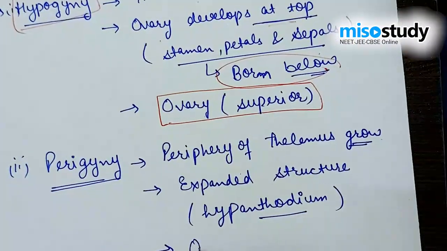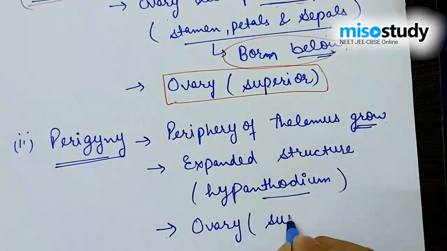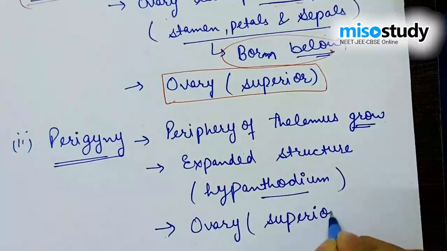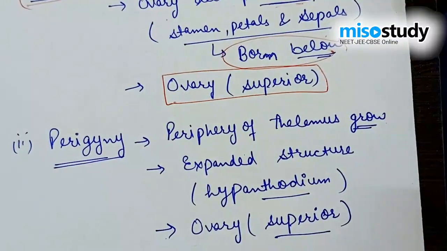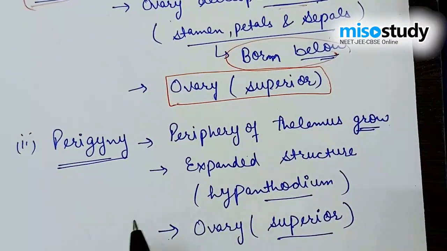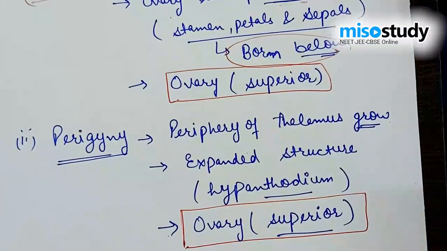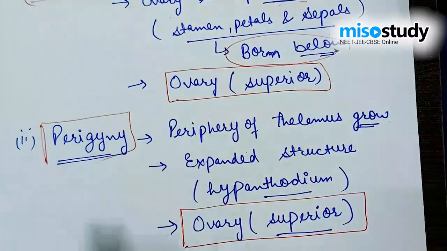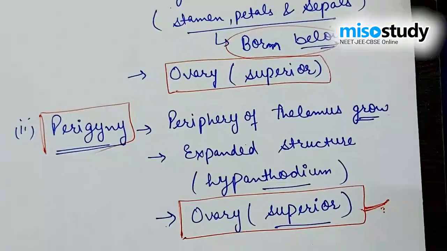And in this case, the ovary again acts as superior, because the other flower parts like sepals, petals and the stamen, as in the case of hypogyny, are present below. So in perigyny, again the ovary is superior, but our question is asking about the inferior one.